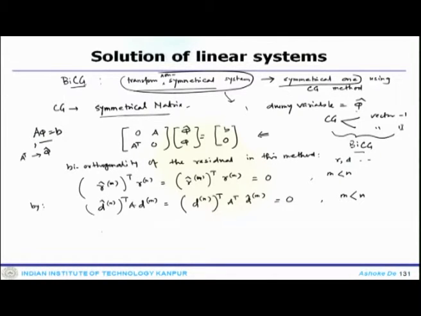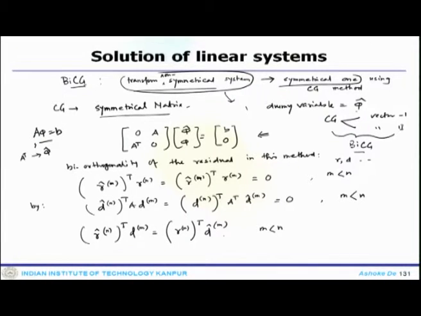Mathematically one can represent this as r hat n transpose d m equals r n transpose d hat m, where m is less than n. Now, several variants of this method, which has irregular convergence with the possibility of breaking down, have been developed.